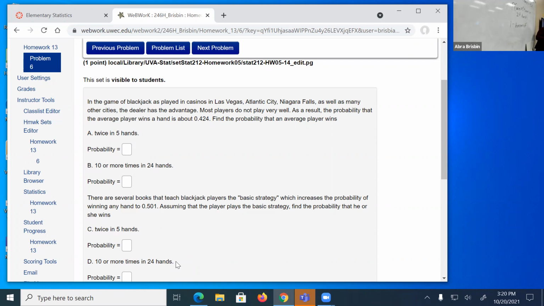So if we draw out a number line, we could win 0, up to 9, 10, 11, up to 24. We're trying to find the probability of winning 10 or more times.